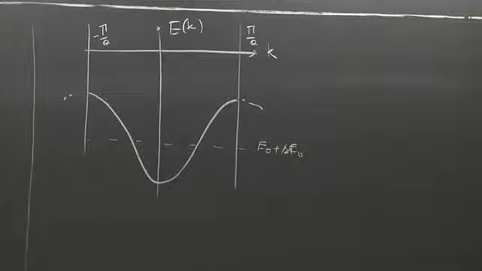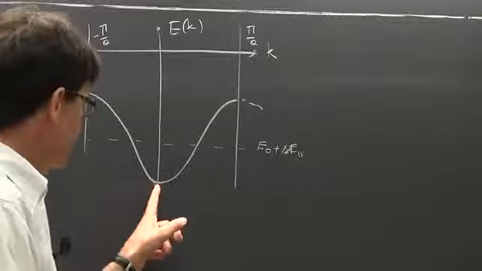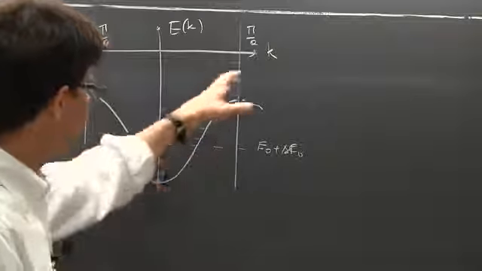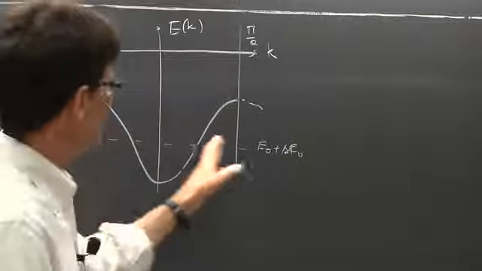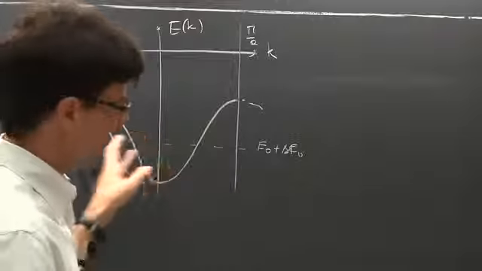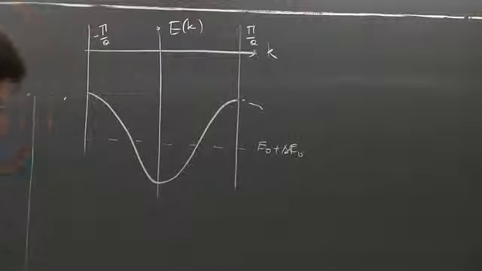So we need to handle infinities in order to say where the electrons go here. Do they all cluster here? Do they fill the whole spectrum? We have an infinite number of electrons and also an infinite number of states, because this is a continuum of k's. So we have two infinities and we need to play with infinities.